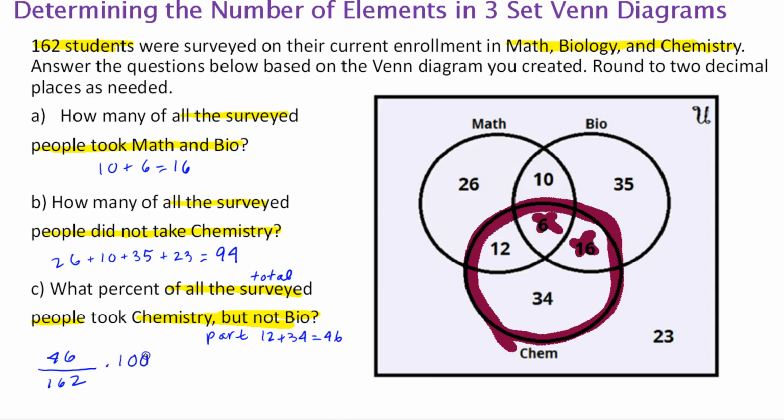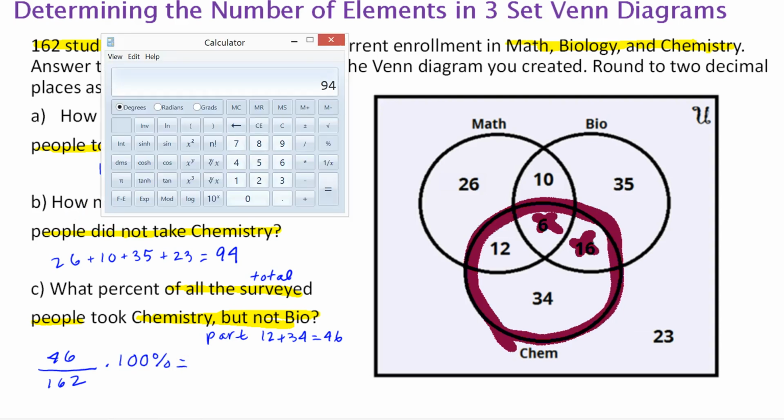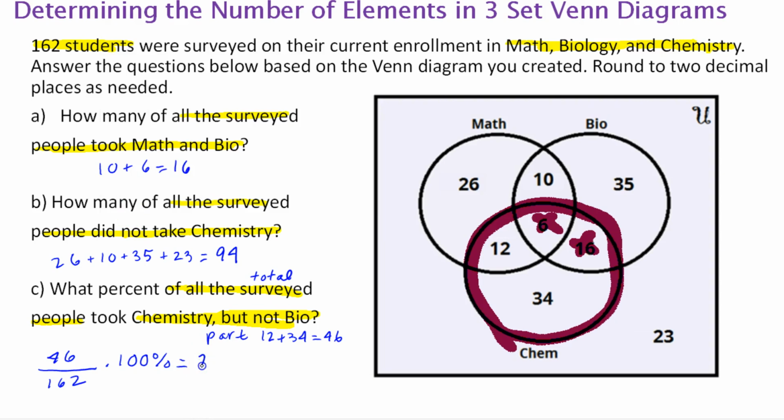So we're going to divide 46 by 162 and change it to a percent. Multiplied by 100 gives us, to 2 decimal places, 28.4%.